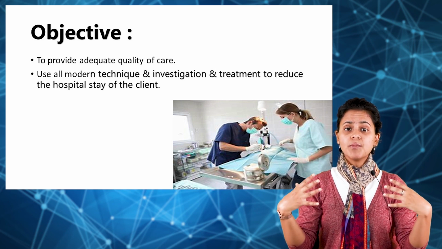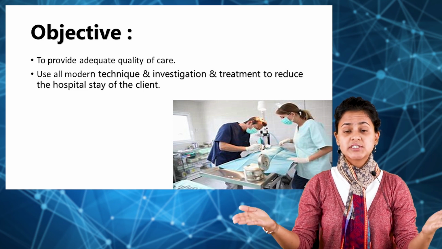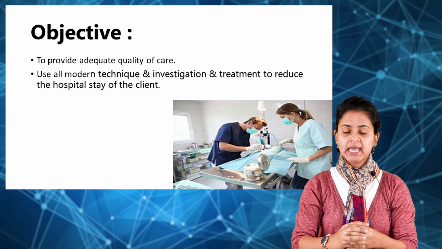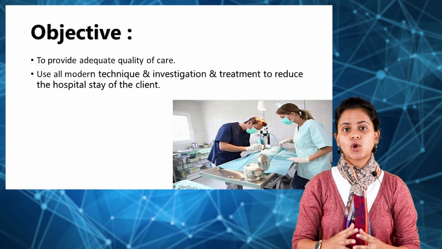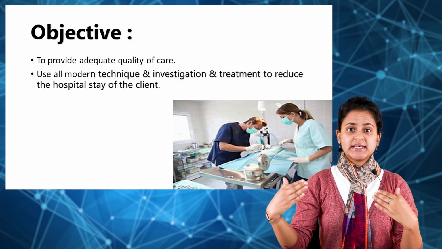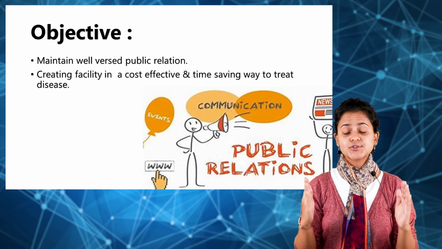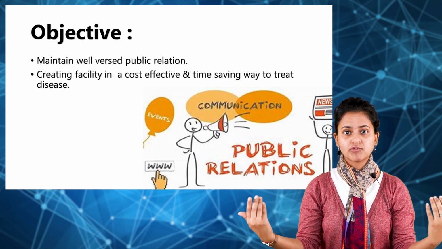It is one of the most important objectives of the outpatient department, which aims to reduce the workload or patient load in the inpatient department, which is a very cost-effective method for the patient as well as society. The next objective is to maintain well-versed public relations.